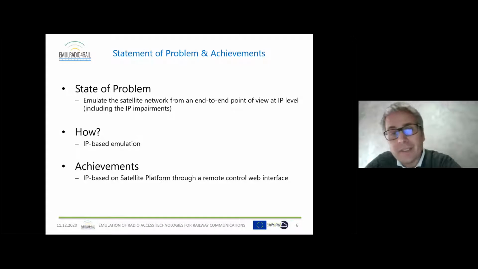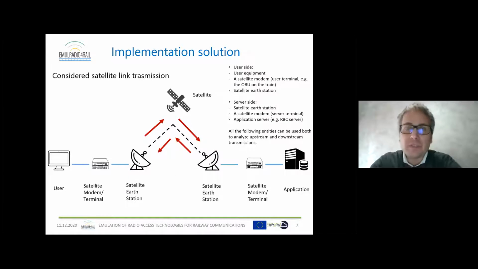We defined a process based on an IP-based emulation in order to provide and develop a satellite component of the entire Emulradio4Rail platform, using also a remote control web interface. This is the state of the problem and achievements.